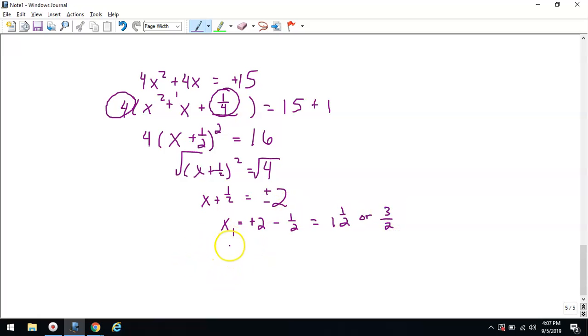Double check my math, I'm doing this all mentally. And x sub 2 is going to be negative 2 minus 1/2, which is negative 2 and 1/2, or negative 5/2.